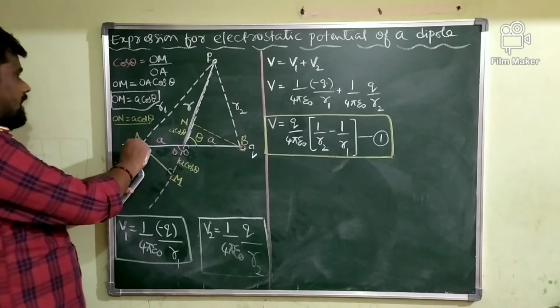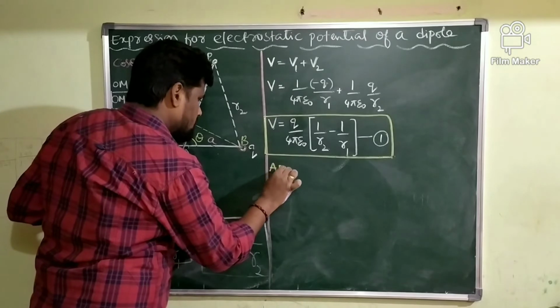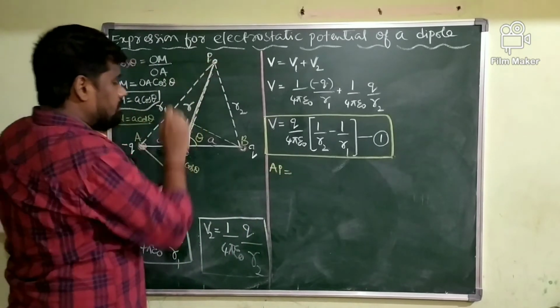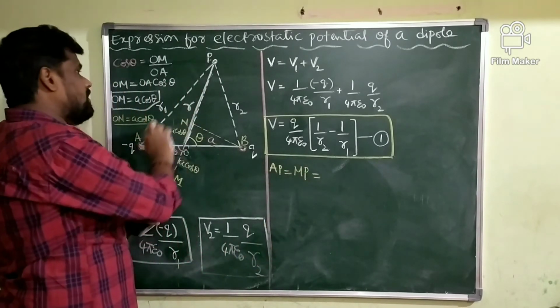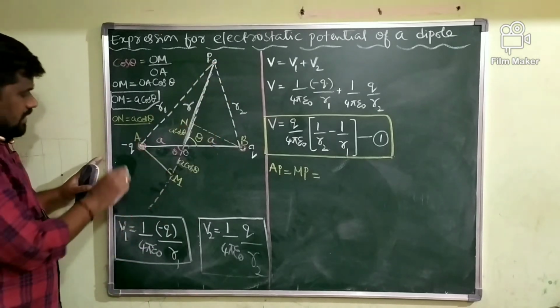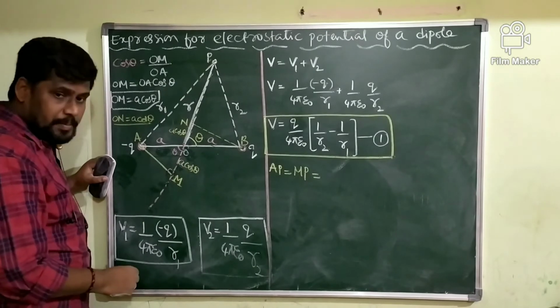Now I will come to the point. AP is equal to MP. Will you agree? Further, look at MP.